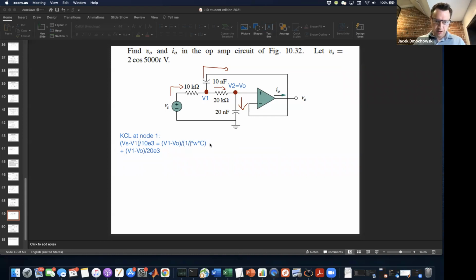So this term belongs obviously on the right side. And the important variables here are that ω is equal to 5,000.